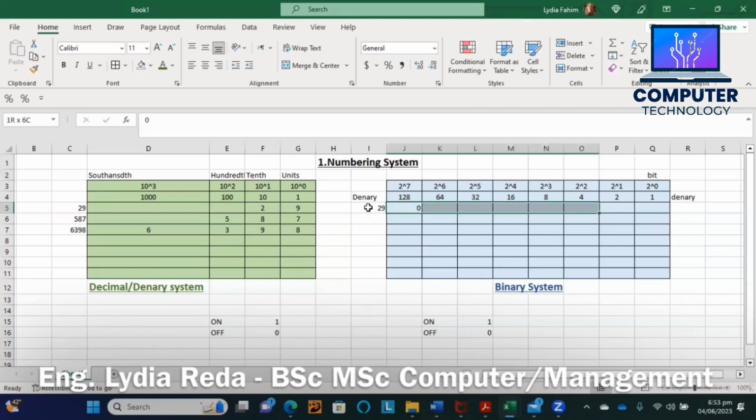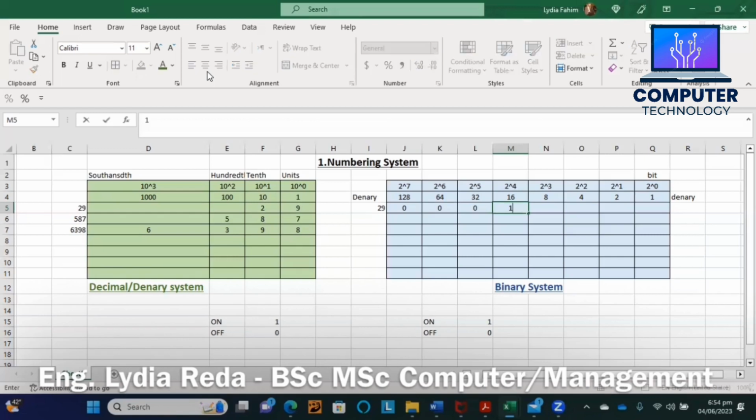Or we can say, does the 29 contain the 128? The answer is no. Does the 29 contain 64? It's another no. Does the 29 contain the 32? Again, it's a no. Okay. Now we have to get it. Does the 29 contain the 16? The answer is yes.